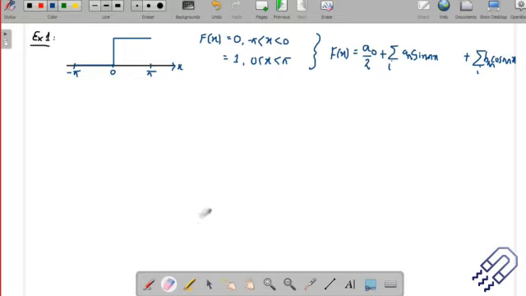Yeah, so this is the series we have. And the aim is to find out what is my a naught, what is my an, and what is my bn. That's the Fourier series analysis.